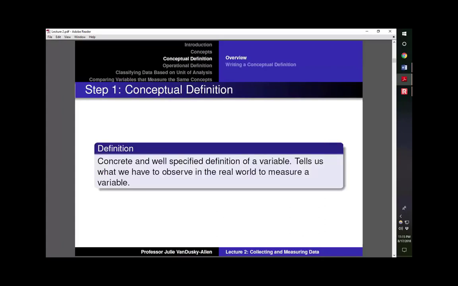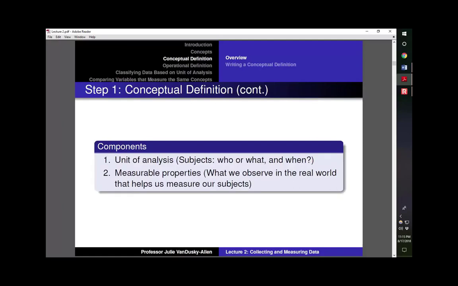In order to measure a concept, we need to develop a more concrete idea about what the concept means. The first step in this process is developing a conceptual definition of the concept. A conceptual definition is a concrete and well-specified definition of a variable. It tells us what we have to observe in the real world to measure our variable.